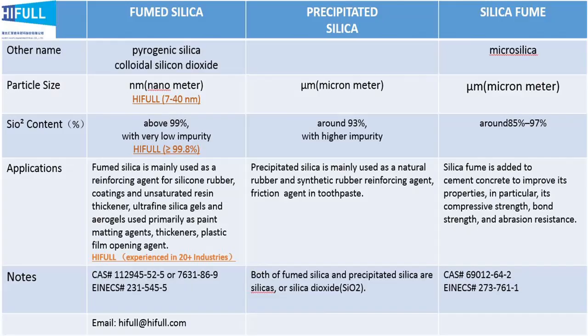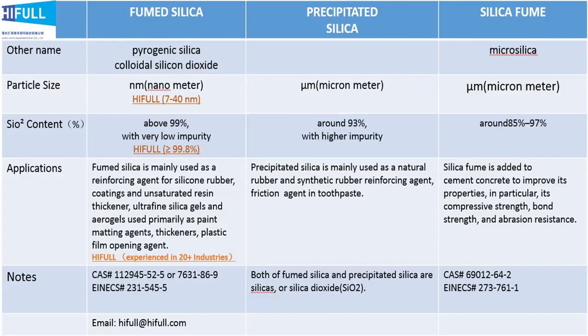Precipitated silica, on the other hand, is produced by reacting sodium silicate with acid, leading to the formation of larger, more porous particles. These particles have a higher bulk density and moderate surface area, making precipitated silica more cost-effective for bulk applications.